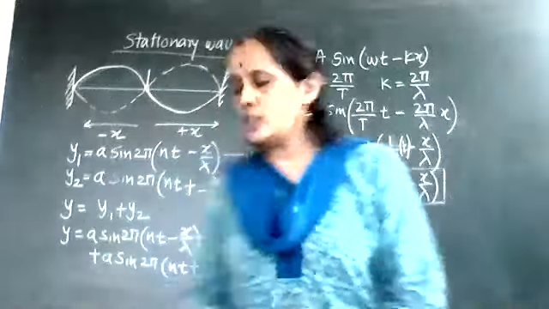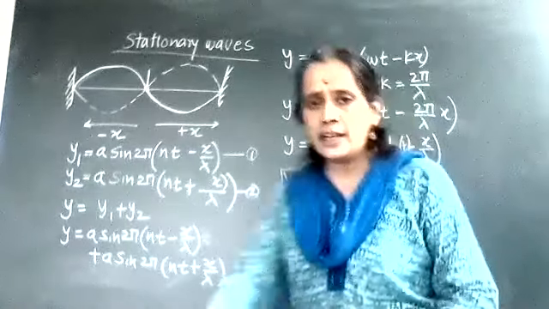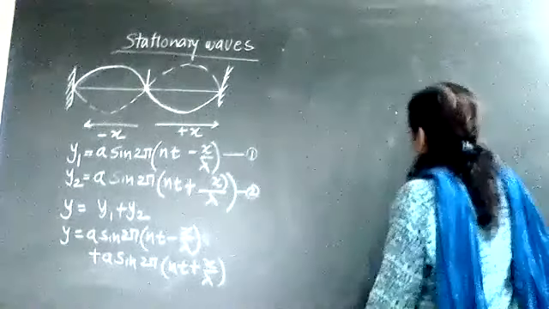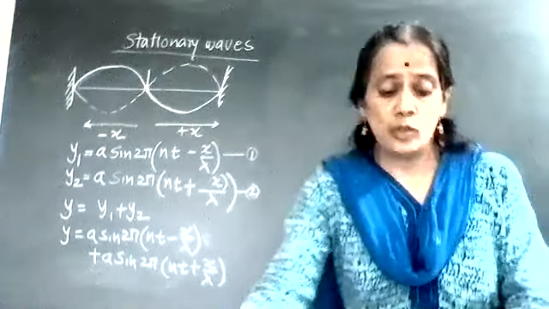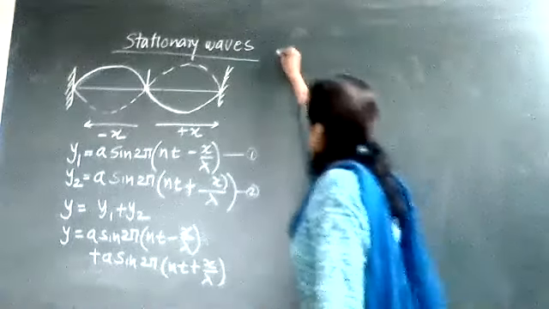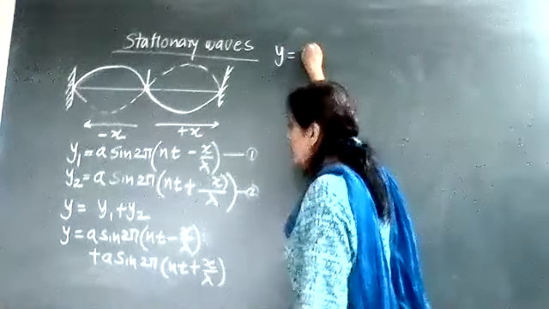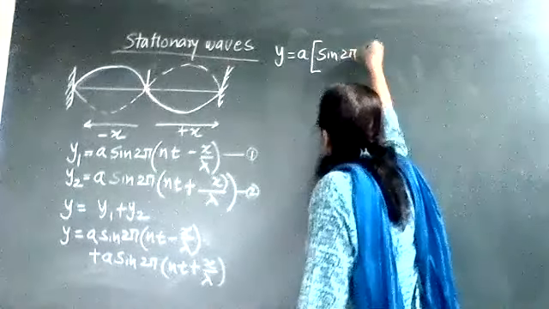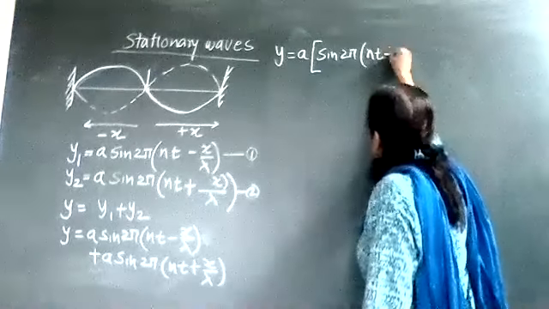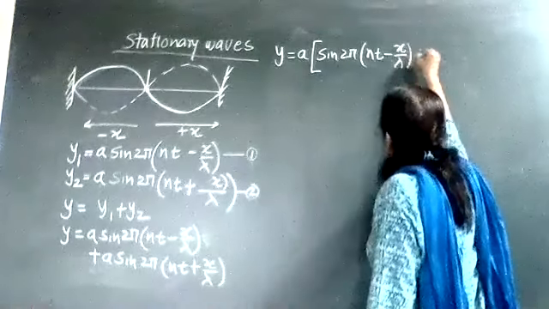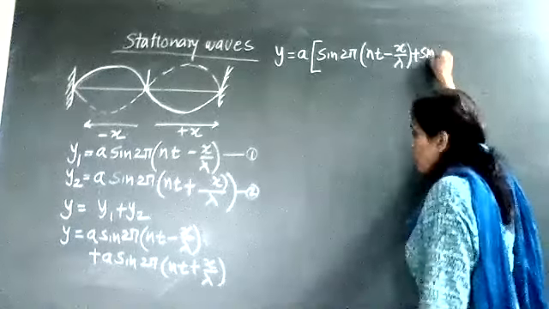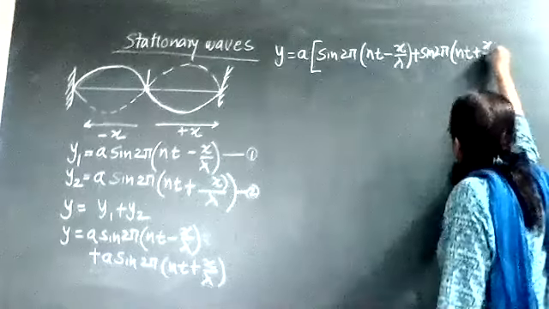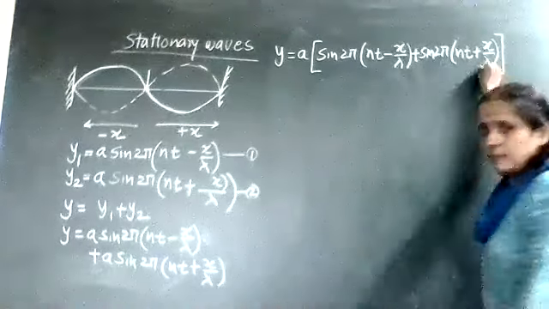As this a factor is common, I will take a as a common factor, and I will write down y is equal to a in bracket sin of 2 pi into bracket nt minus x upon lambda plus sin of 2 pi into bracket nt plus x upon lambda. Complete.